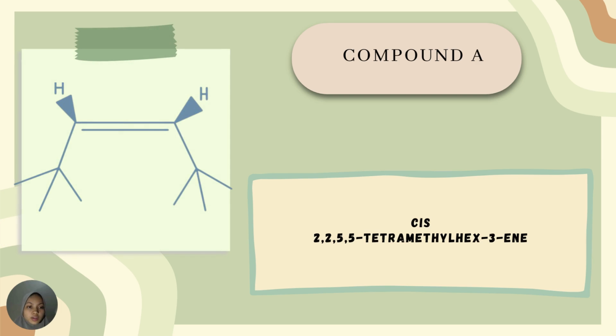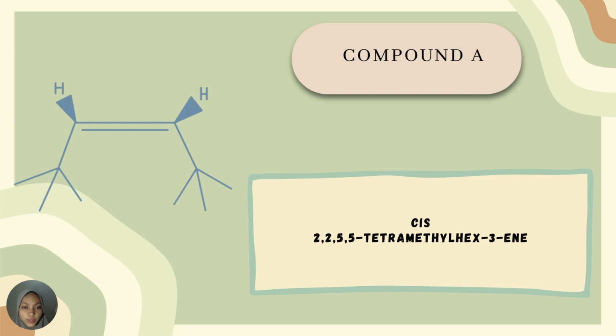Here is compound A, with the structure shown at the left side. It is cis-2,2,5,5-tetramethylhex-3-ene because there are two methyl groups attached to carbon number 2, while the other two methyl groups are attached to carbon number 5, and the double bond is at carbon number 3.